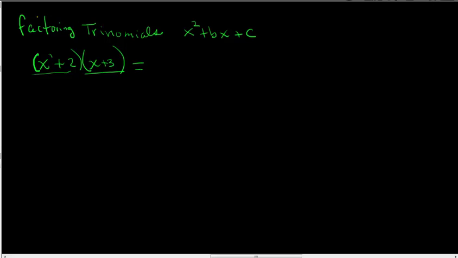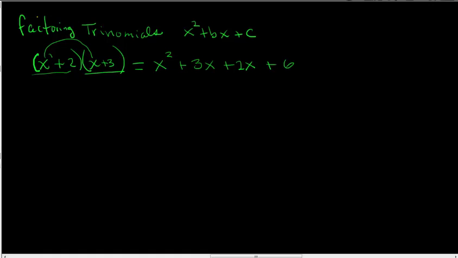If I were to multiply it, x multiplied by x would give us x squared, and x times 3 would be 3x, and then 2 times x, and then 2 times 3 would be 6.